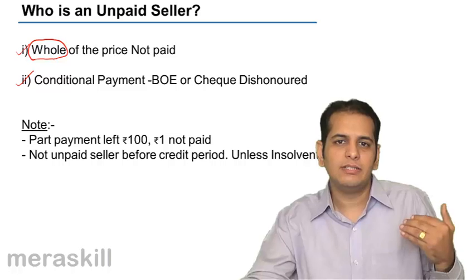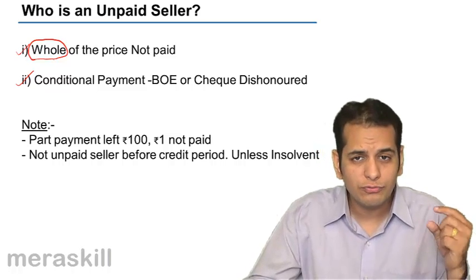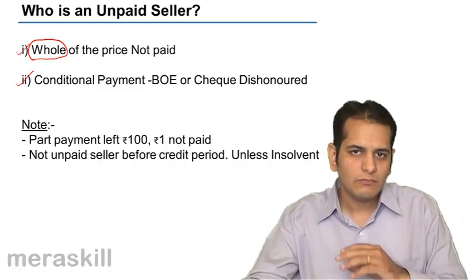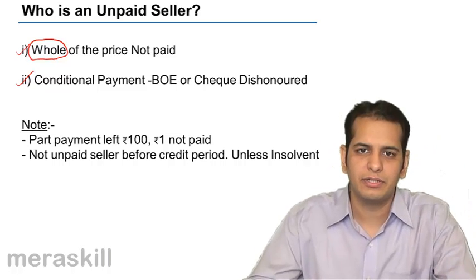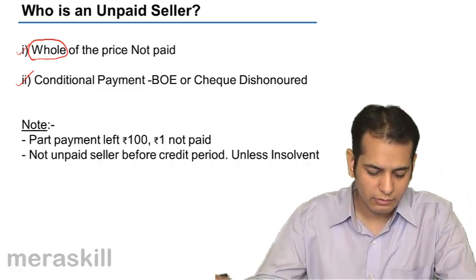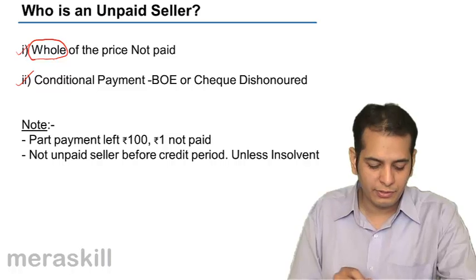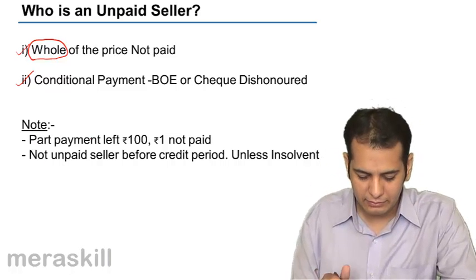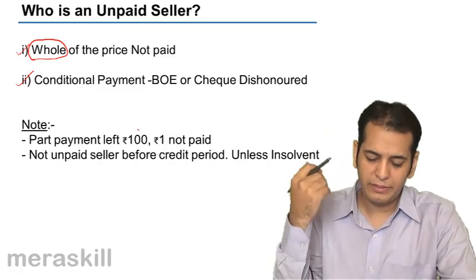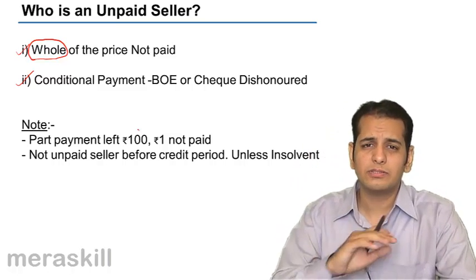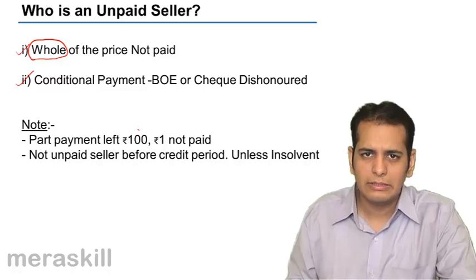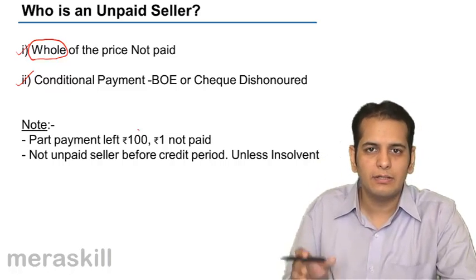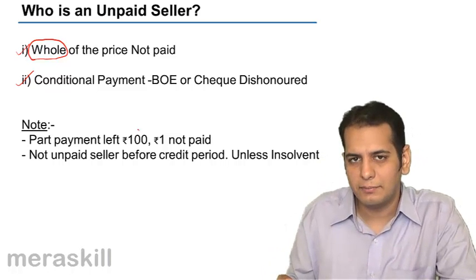And once he receives all of the price, then the contract terminates. So the point to note here is, even if some part of the payment is pending, whatever the amount, be it 1 rupee, 10 rupees, 100 rupees, 1000 rupees, the seller becomes an unpaid seller.